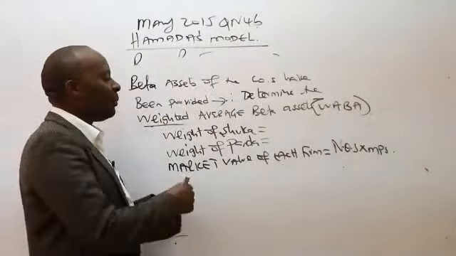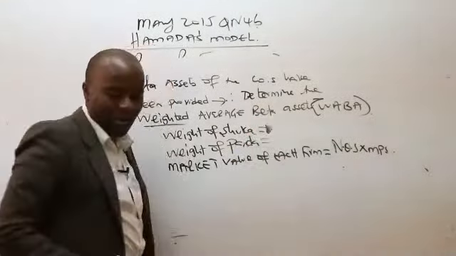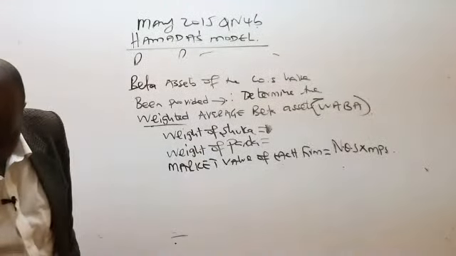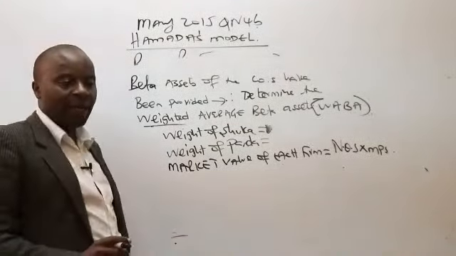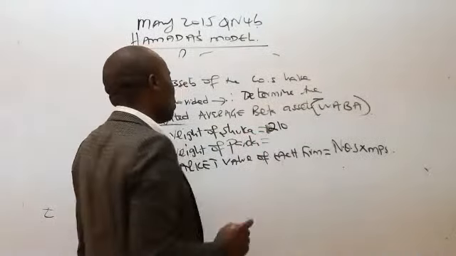Is there anybody who is able to see the number of ordinary shares? Number of ordinary shares for Shuka, how many? Number 210, thank you very much. Number of ordinary shares for Shuka is 210.